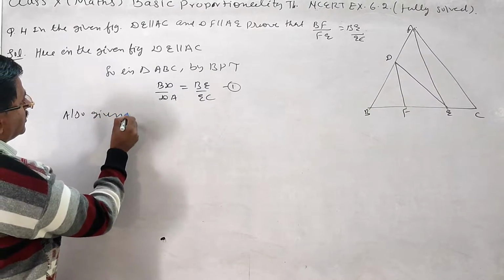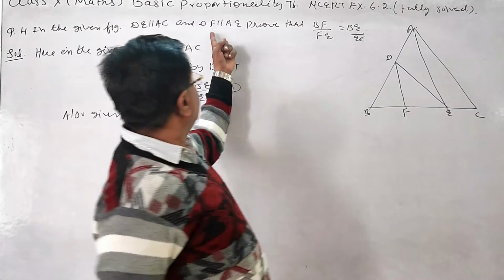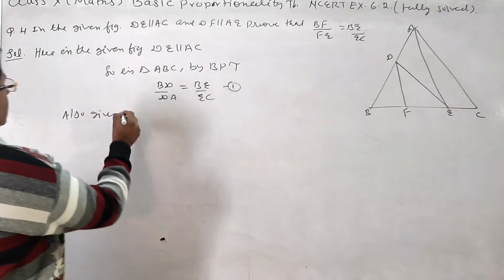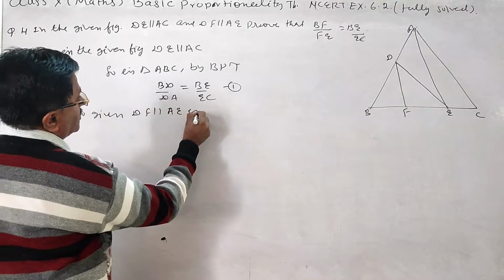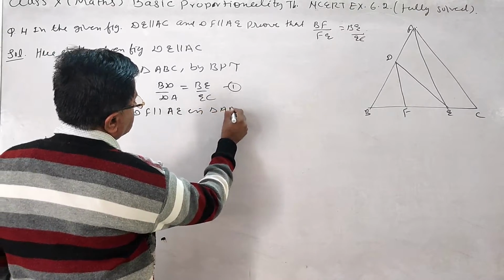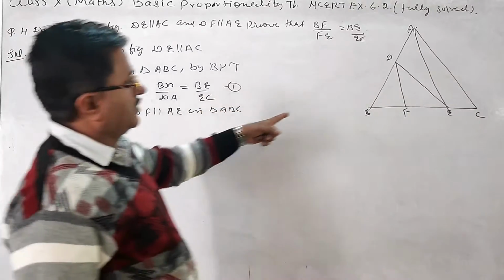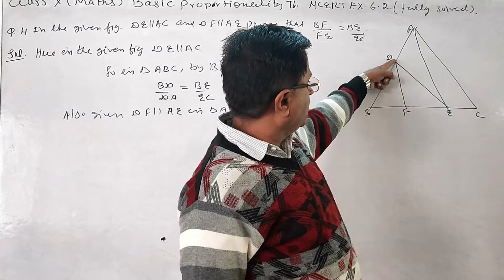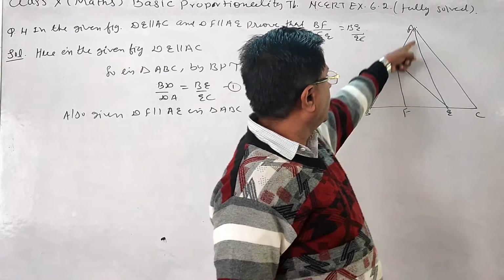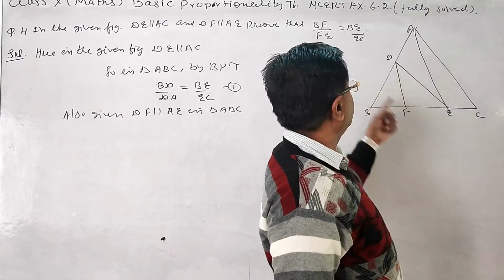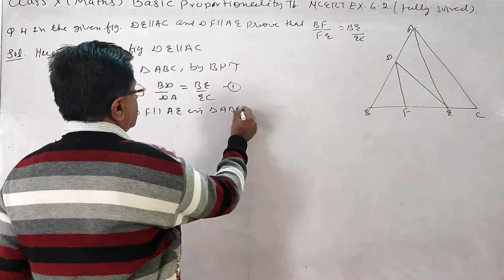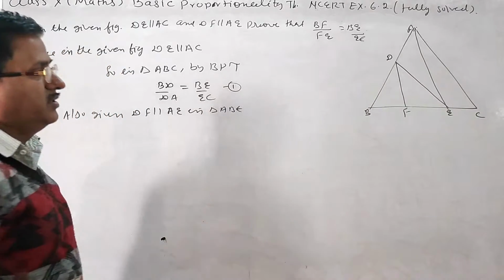Also, what are we given? DF parallel to AE. Now see very carefully, DF parallel to AE. So you can say either triangle ABC or triangle ABE. So no confusion, triangle ABE.